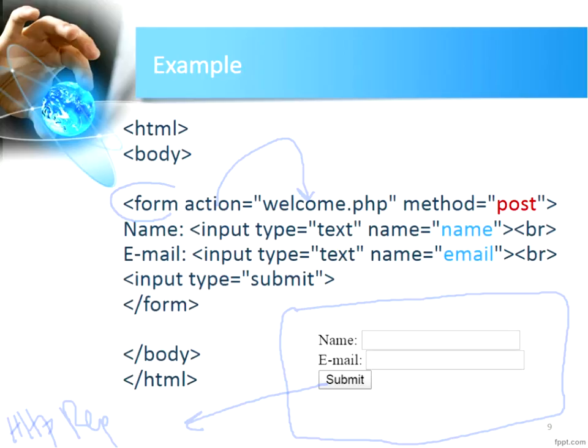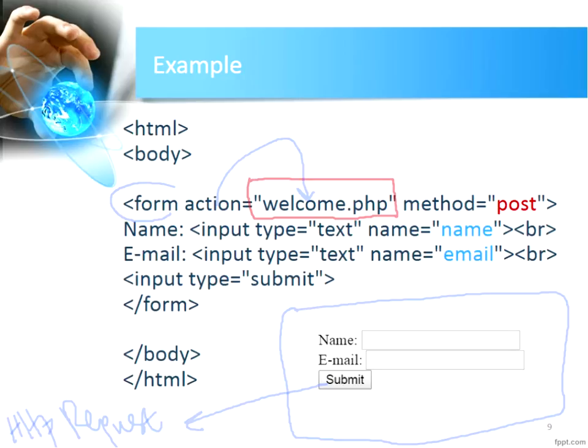So can you give me, for this HTTP request, this HTTP request will be sent to the server, and we will ask the server to execute what? What is the action of this HTTP request? Yes, we will execute the file welcome.php.